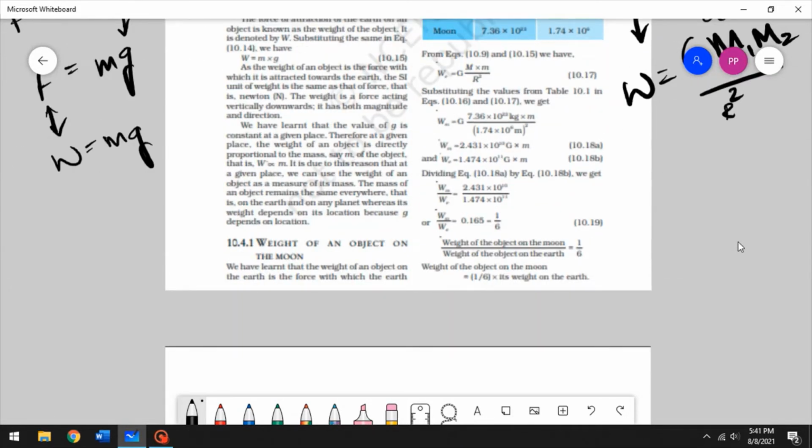Alright, so if we apply that to the case of the Earth's moon, and I'm making sure that I say the Earth's moon because there are many moons. Jupiter has 4 moons, right?